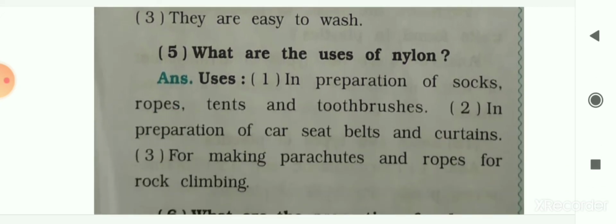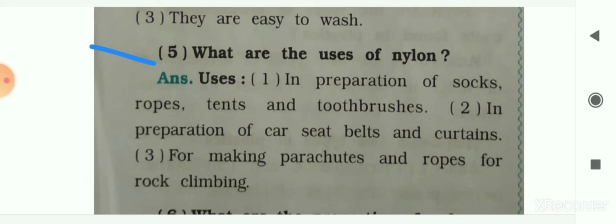Now what are the uses of nylon? In the uses, first is in the preparation of socks, robes, tents and toothbrushes. We are using nylon to make socks, then robes, tents and toothbrushes. Another use is in the preparation of car seat belts and curtains.